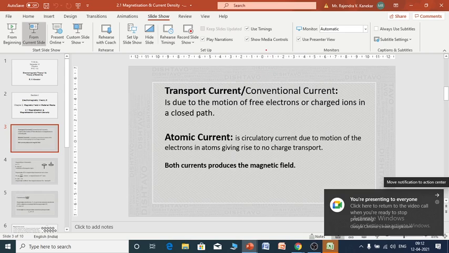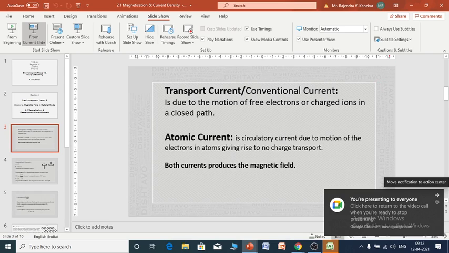Then this current divided by the area of the cross section of that wire is called the magnetization current density. So it is equivalent to the transport current density which will produce the same magnetic field as the magnetization produced in the material.